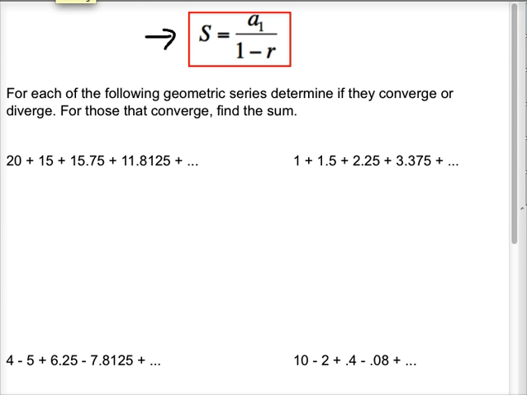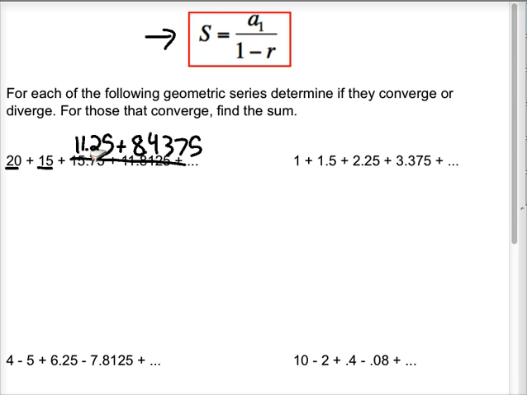So let's take a look here. 20, 15, 15.75, 11.8125. And I actually do believe that there is a typo in there. So if you could please change these, this should be an 11.25 and an 8.4375.